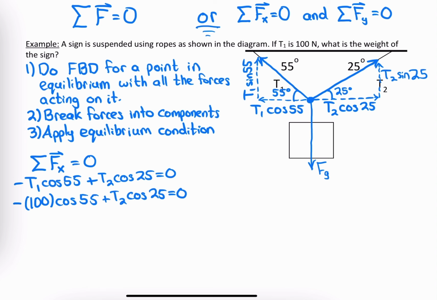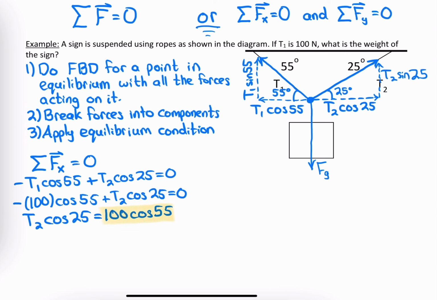Okay, so if I rearrange this, I get T2 cos 25 equals 100 cos 55.